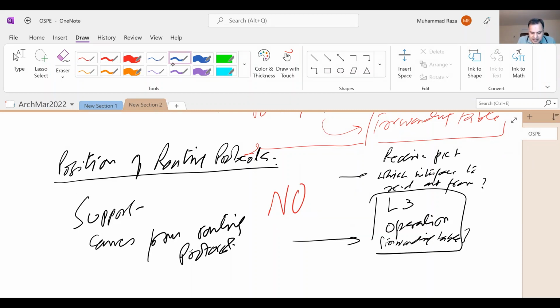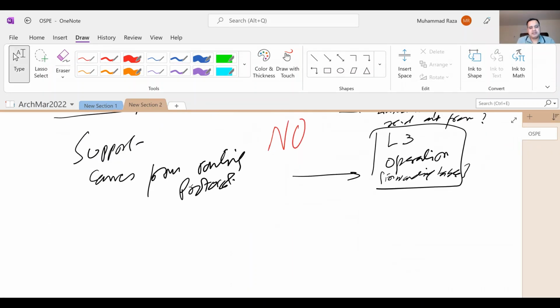If I say they provide support, do you feel they belong to this layer system? No, sir, they don't belong to this layer system.